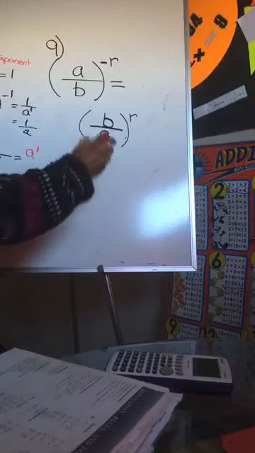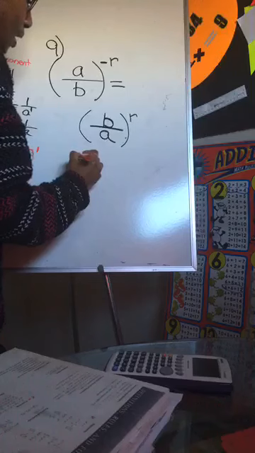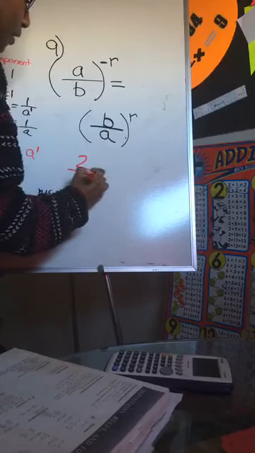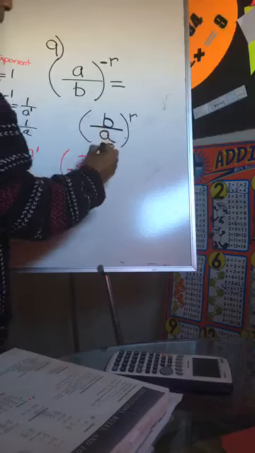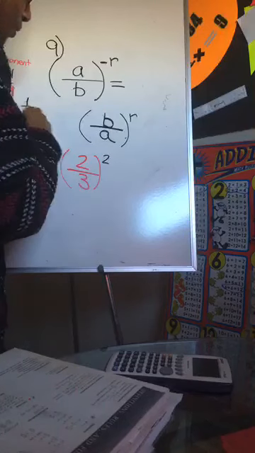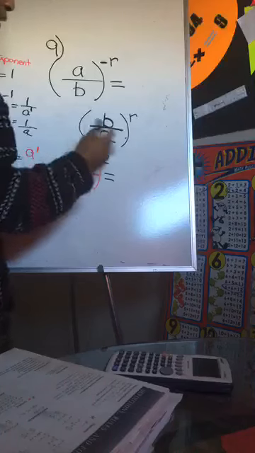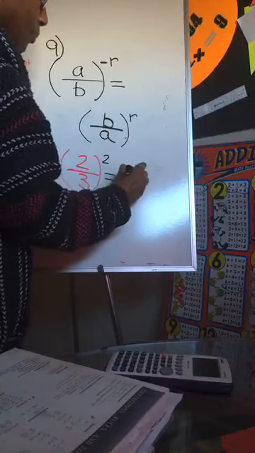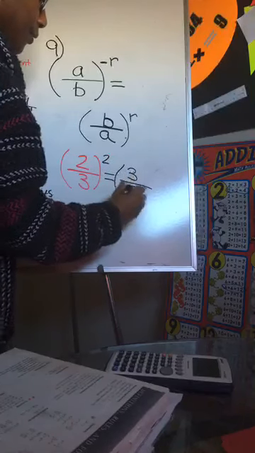Okay? So let's do 2 divided by 3. And we're going to raise it to the second power. Okay? So, what do we need to do? We need to take the reciprocal of it. So that means your 3 is now going to be in your numerator. Your 2 is in the denominator.